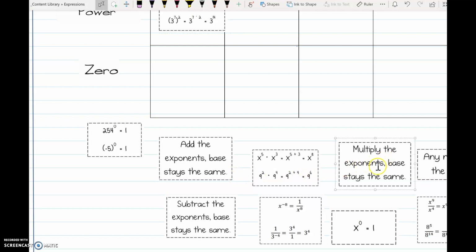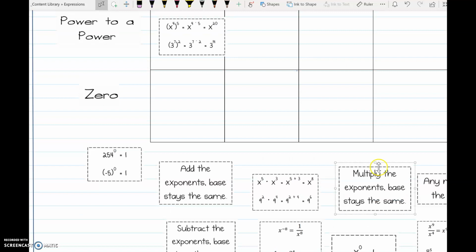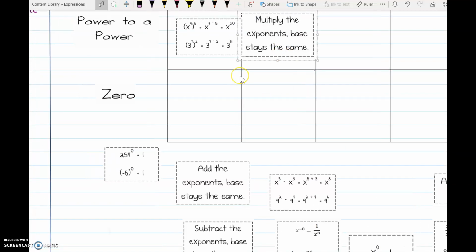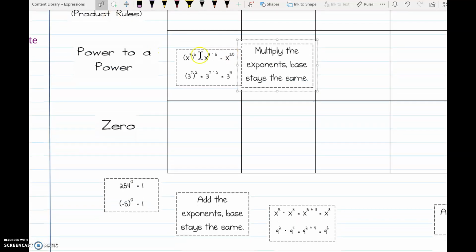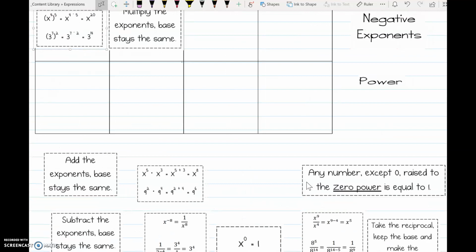Here we go. Multiply the exponents, base stays the same. So go ahead and glue both those pieces into the appropriate spot. And again, if at any time I'm going too fast, feel free to slow this down, pause, whatever you have to do. Okay, I'm just going to grab another one.